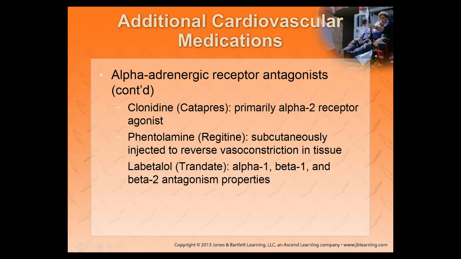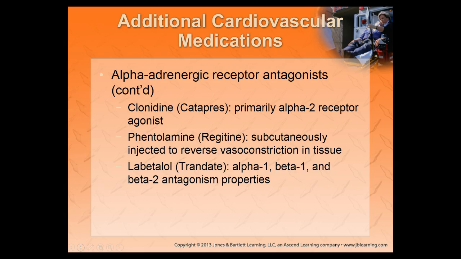Clonidine is one that I've seen quite a bit. Again, we want to make sure that if you saw clonidine on a person's medication list, you understand that they have some sort of cardiovascular problem, for which they're trying to antagonize the alpha adrenergic receptors. So again, it's not that you'll be giving it, it's that you should be able to recognize it.